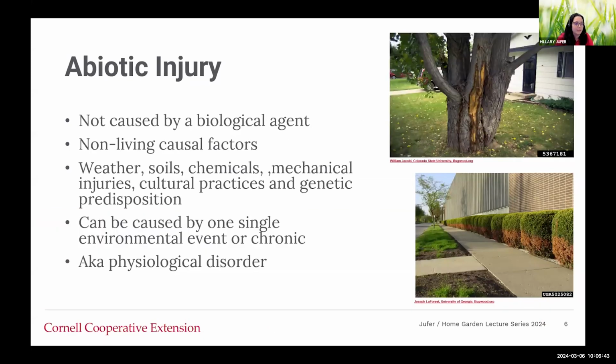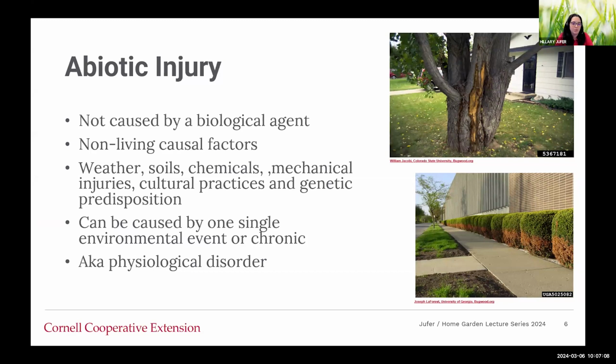The abiotic injury is something that's not living. It's not caused by anything that is biotic of nature. It could be weather, it could be soils, chemicals, mechanical injuries, pretty much you name it, anything else, it can be that. It can be one single environmental event, or it could be something that's chronic.